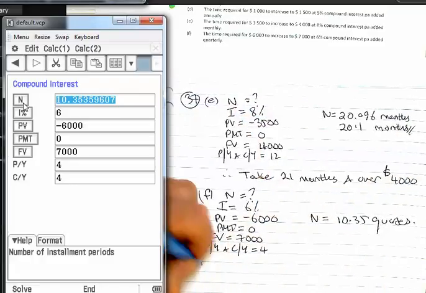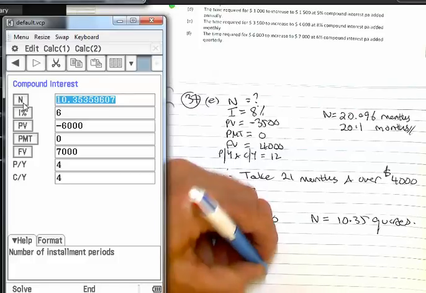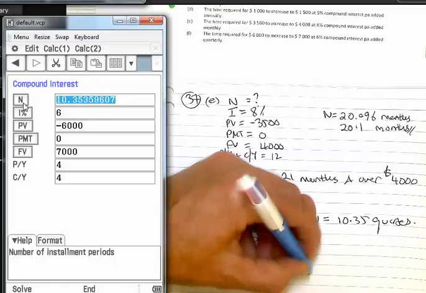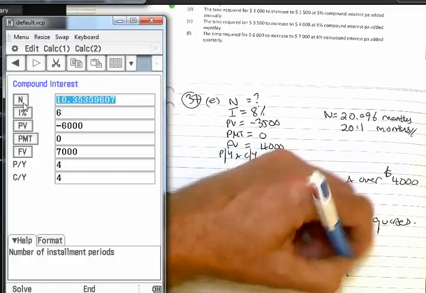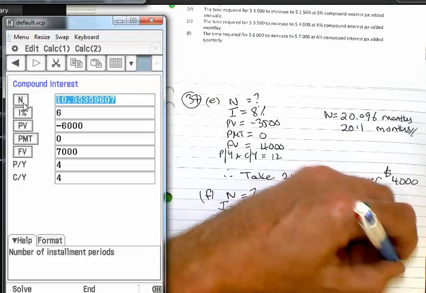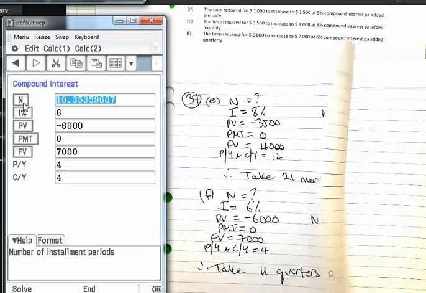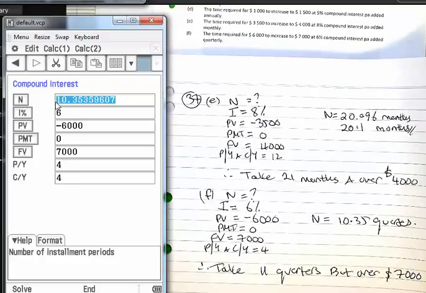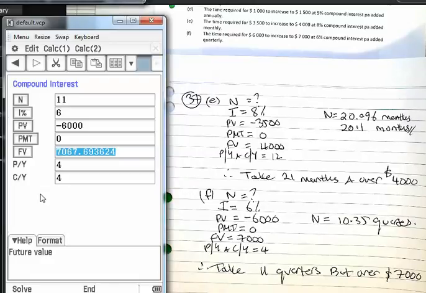Now, it's going to take 11 quarters to get your money, but over the 7,000 target. If you want to actually work out what it was going to be at the end, you'd up that to 11, and then you'd see over $7,067 at the end.